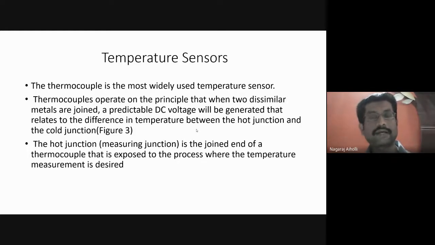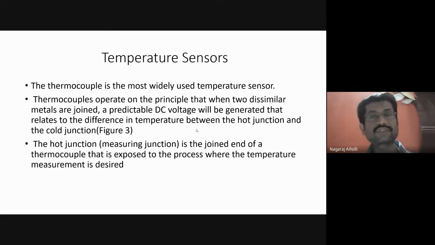Take two metallic wires, join them. So this is one wire, this is another wire, join them at their ends. Upper one wire, lower one wire, right? Then join them at their two ends. One end is called the hot junction, or the measuring junction, and the other junction is called the cold junction or the reference junction.